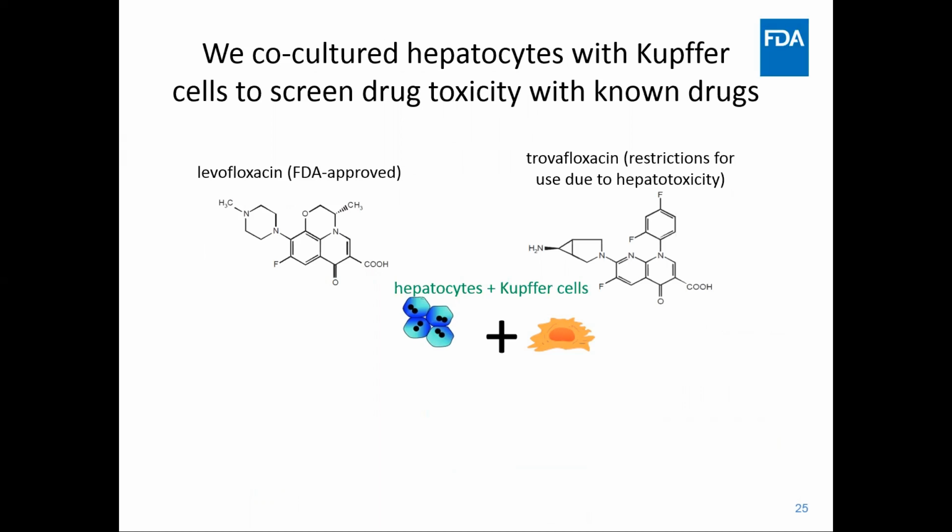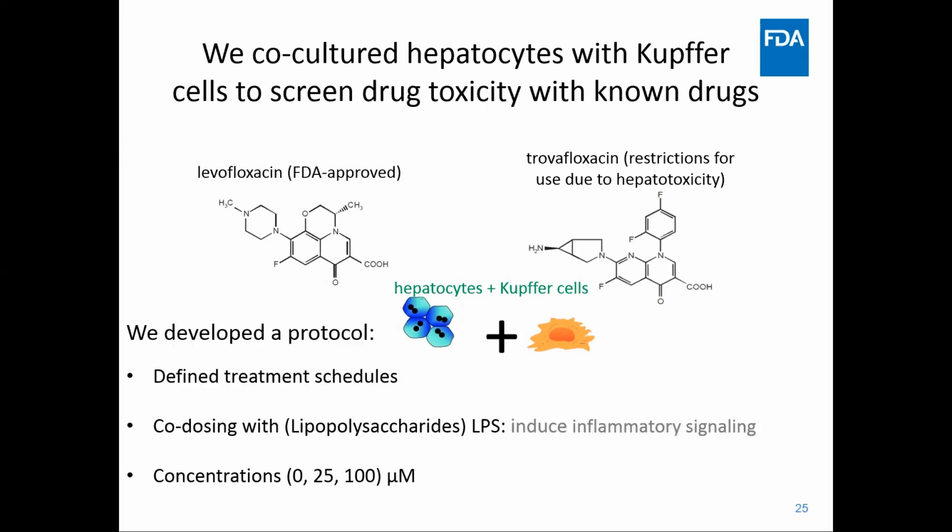Trovafloxacin is a very similar drug to levofloxacin in terms of chemical structure, but it has restrictions for use due to hepatotoxicity. It's not safe. So we developed a protocol for testing these drugs with LiverChip, where we define treatment schedules. We co-dosed with LPS, lipopolysaccharides, to induce inflammatory signaling, and we used 3 different concentrations.